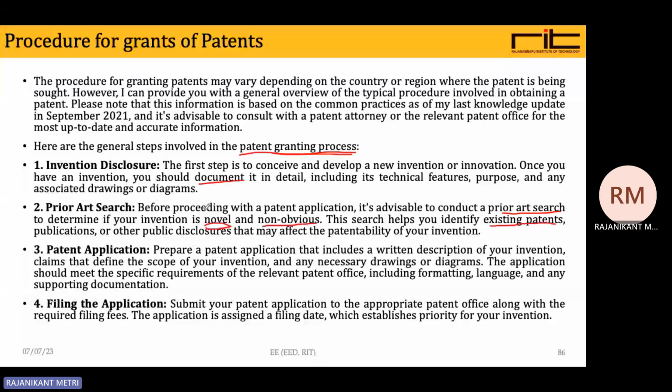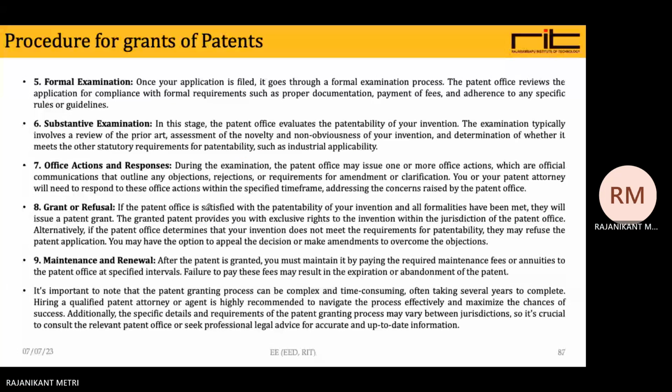Then the next step is formal examination. Once your application is filed, it goes through a formal examination process, and the patent office reviews the application for compliance with formal requirements such as proper documentation, payment of fees, and adherence to any specific rules or guidelines.